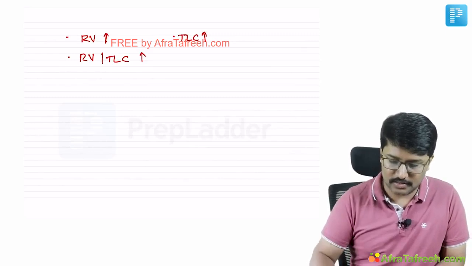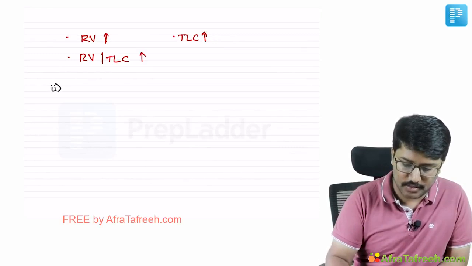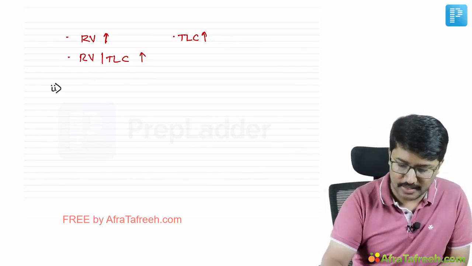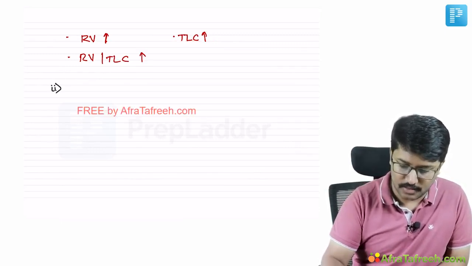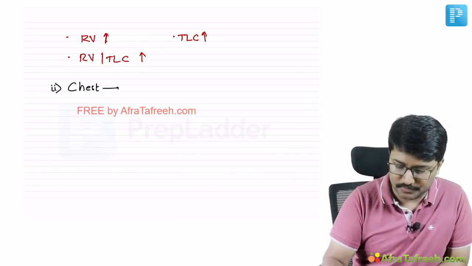Now, do we need the chest X-ray for diagnosis? Mostly we end up doing it, not mandatory, but we end up doing it. So, if you do a chest X-ray, you might see that there is airway hyperinflation.